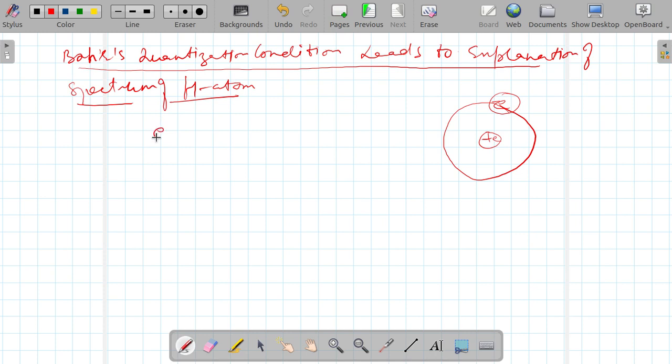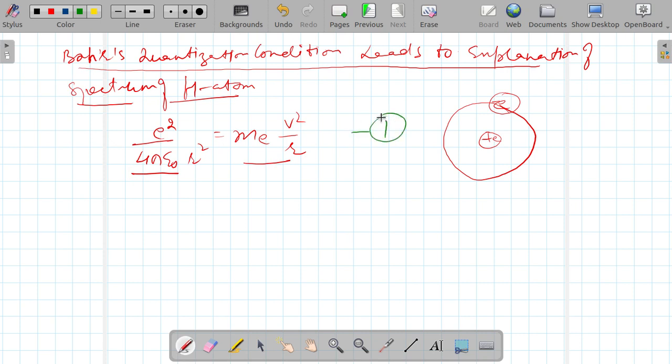this Coulombic force, e square over 4 pi epsilon naught r square, is balanced by me v square upon r, where me is the mass of the electron. So this is the centripetal force and this is the Coulombic force. Both are balanced.